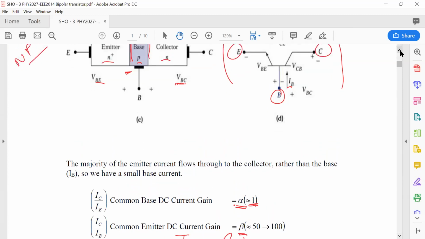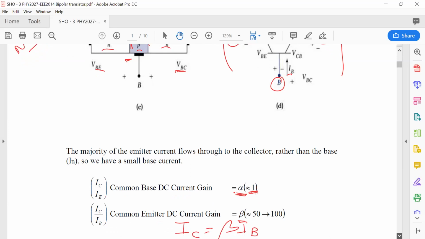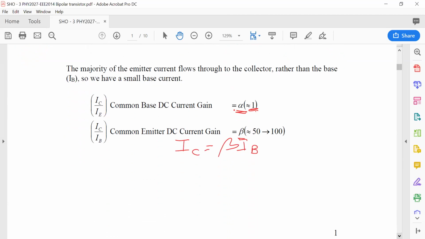So we want all of the electrons coming from the emitter to be trapped in the collector. And to do that, we need a very large junction there. So the second thing we need to optimize is the area. So the first thing is the doping. The second thing is the area of the junctions.